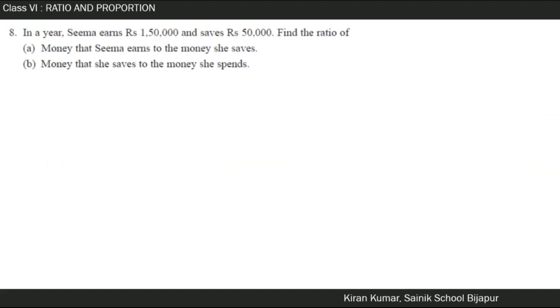Question number 8. In a year, Seema earns 1,50,000 rupees and saves 50,000 rupees. Find the ratio of the money that earned by Seema to the money she saves. Second one is to find the money she saves to the money she spends.